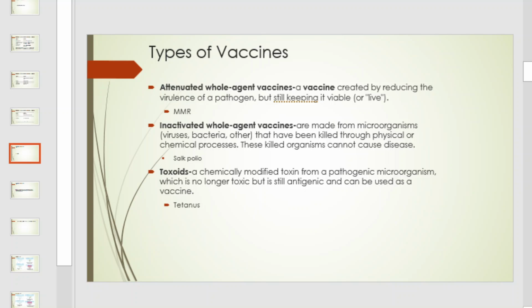Toxoids, as mentioned previously, are a chemically modified toxin from a pathogenic organism. The toxin is no longer toxic, but still can evoke antigenic responses in the patient and can be used as a vaccine. One such example of a toxoid is the tetanus vaccine.